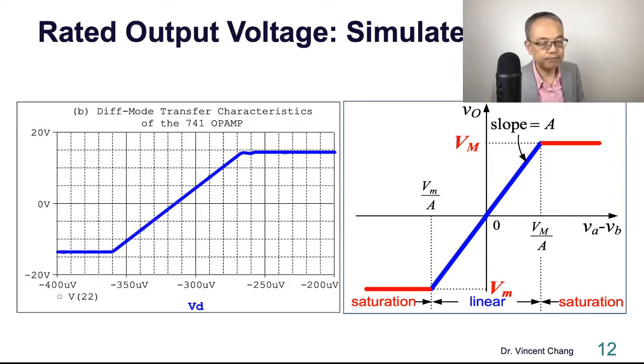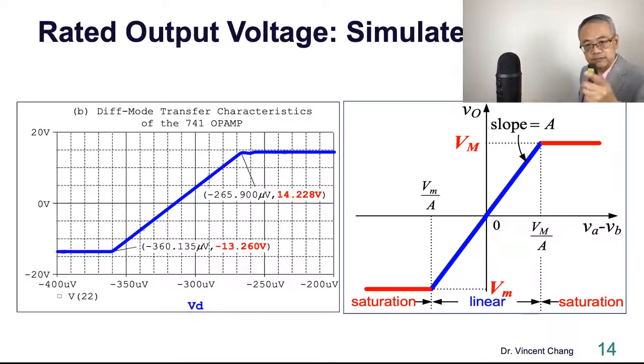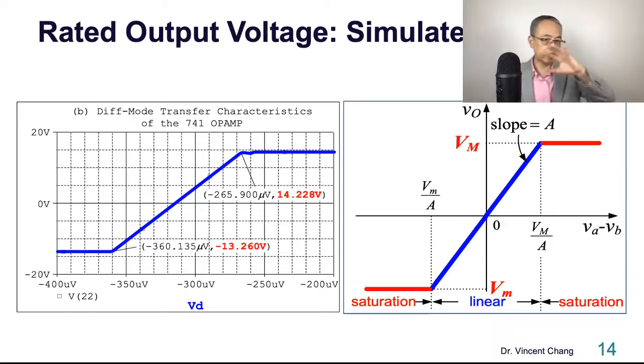Here's the outcome. Remember, our applied voltage for the op-amp is positive 15 volt, negative 15 volt. So where is the ceiling? For the positive ceiling, it's 14.2. The negative rated voltage is negative 13.2. So several things you need to pay attention to.